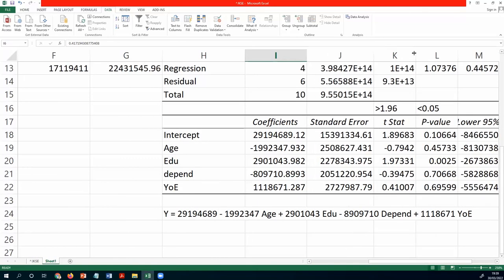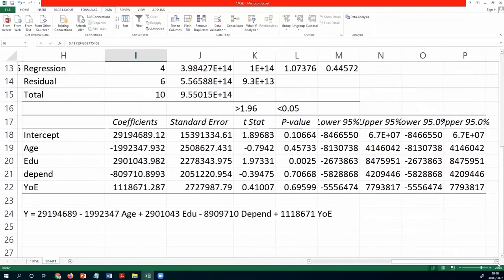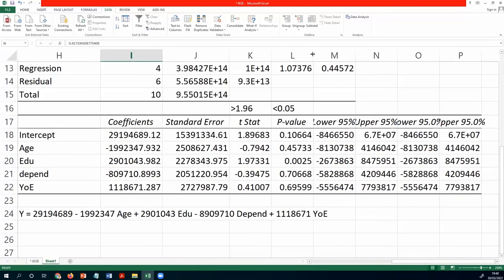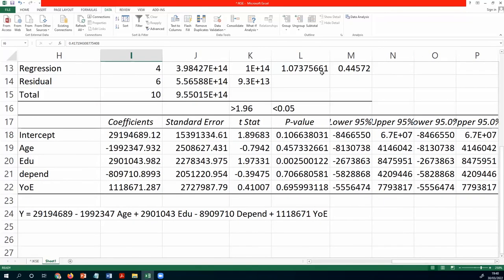So with the adjusted R square, there is a model with the intercept and a model with no intercept.